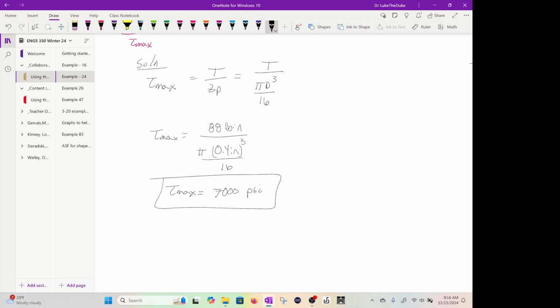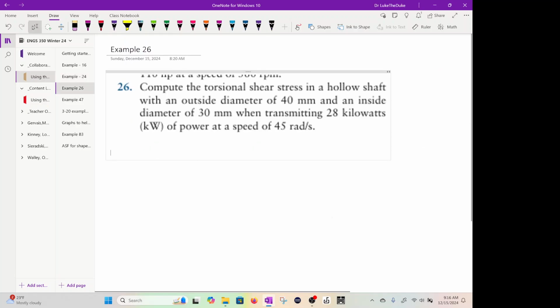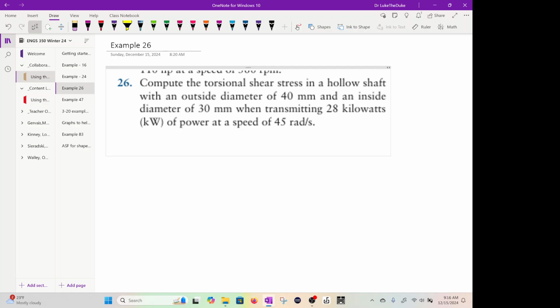All right, now here's an example of a hollow one, okay? Compute the torsional shear stress in a hollow shaft with an outside diameter of 40 millimeters and an inside diameter of 30 millimeters when it's transmitting 28 kilowatts of power at a speed of 45 radians per second. All right. Cool. So given, we have W dot, or in this book it's called P, 28 kilowatts.